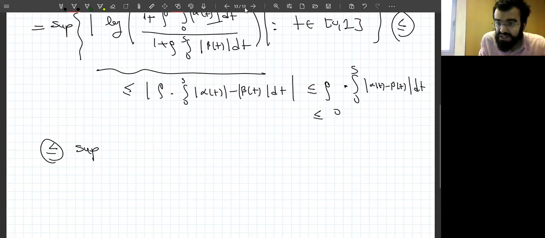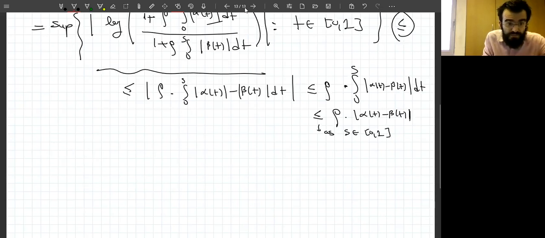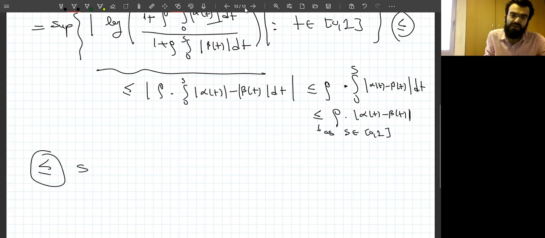Also, one more thing. So we have the supremum of this thing. Take rho outside, it's a positive number.